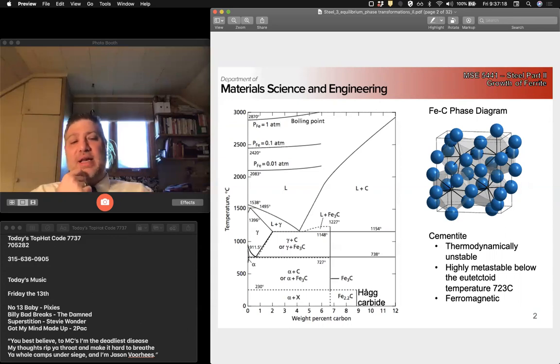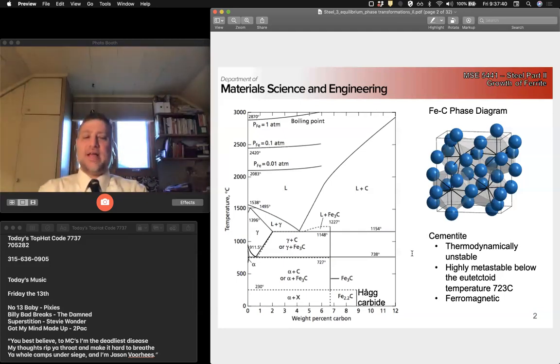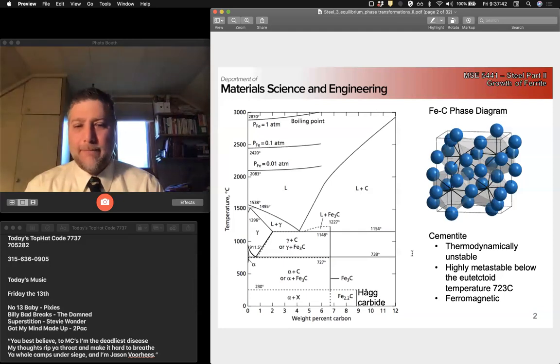Is the fact that the bonding is either covalent or ionic, and it appears in a distinct stoichiometry, right? They tend to be very brittle, right? But yeah, that's it. Does that clarify? Thank you.